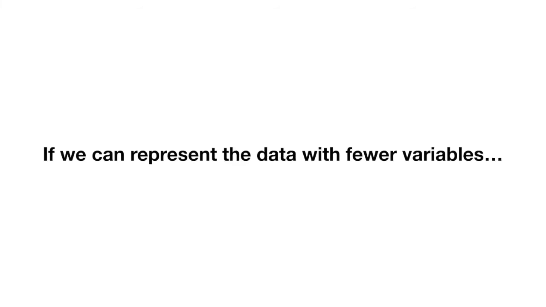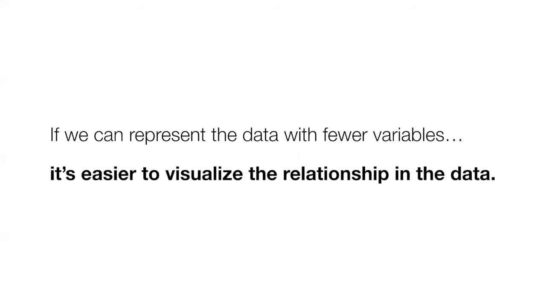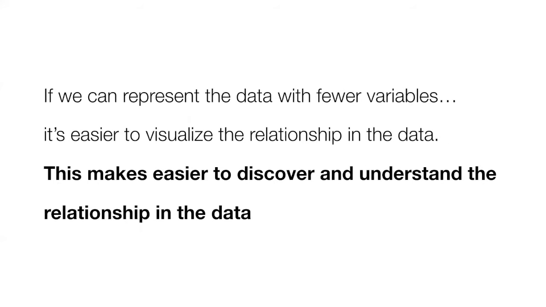If we can represent that data with fewer variables, not 17, not 50, but let's say 2 or 3 variables, then it makes it easier to visualize and find a relationship in the data. That makes it easier to discover and understand the relationships or characteristics of the data.